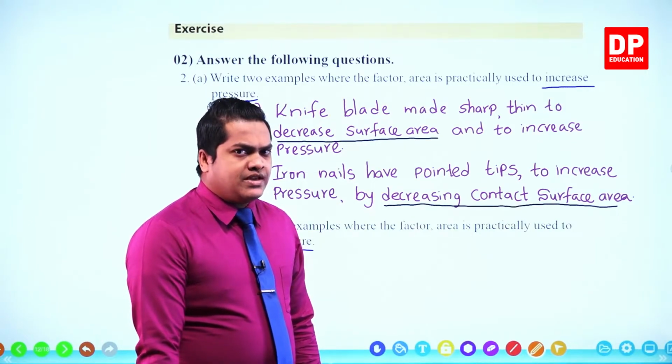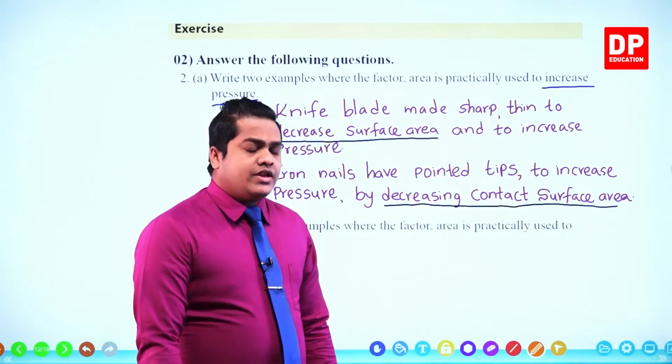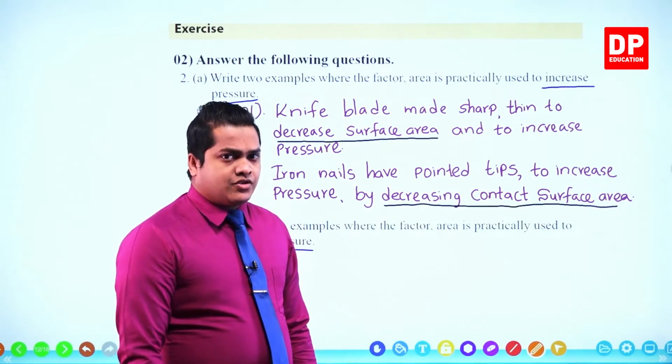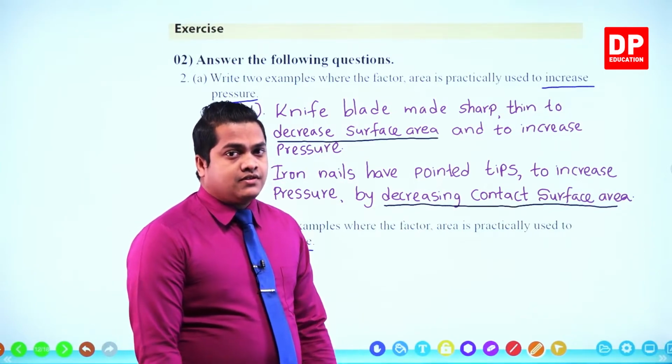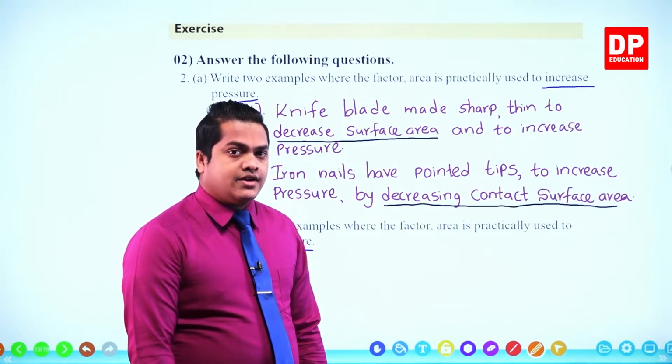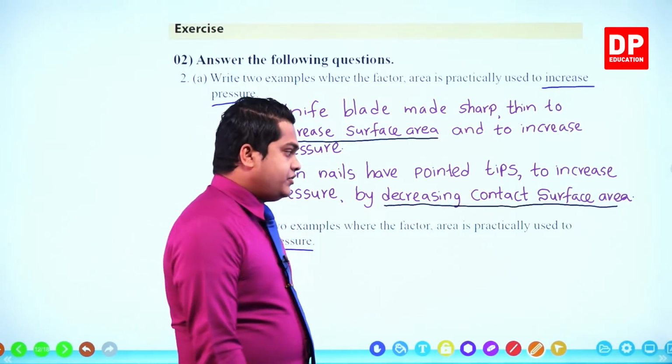So in which place are we going to decrease the pressure? In order to decrease the pressure, my dear children, you have to increase the surface area which is getting contacted. So what do you have to do?